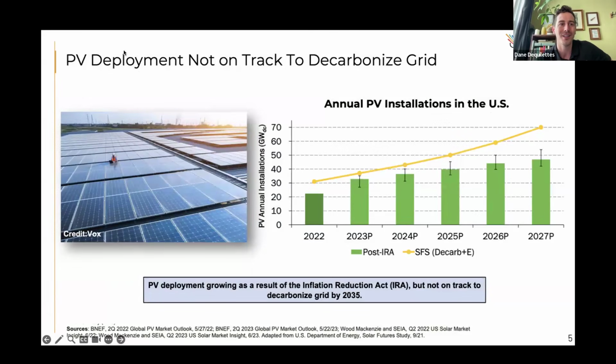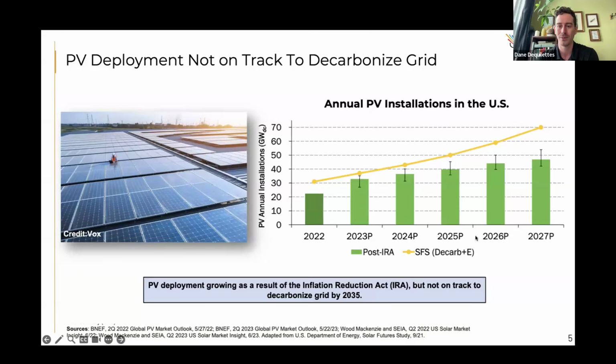One of the key questions is, how has the Inflation Reduction Act impacted how much PV installation we got? This is just in the US, but shown here is the post-Inflation Reduction Act period, with a big increase in the amount of PV installations. But still, through planned and projected, we're not really meeting what we need for climate targets in order to decarbonize the grid by 2035.